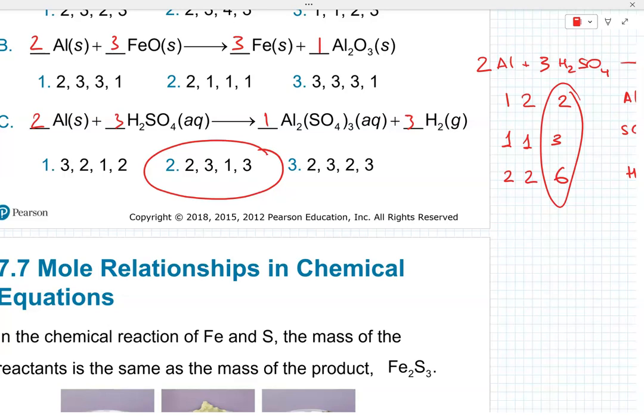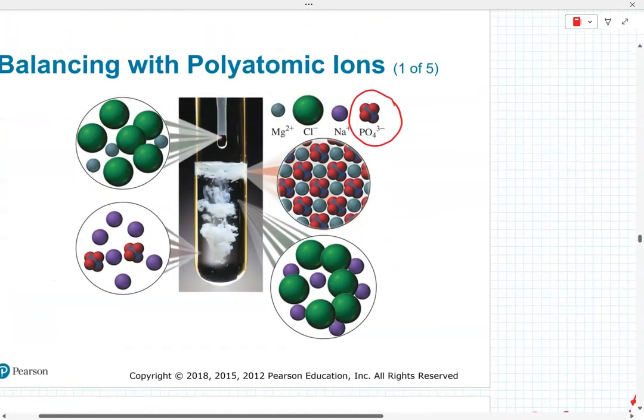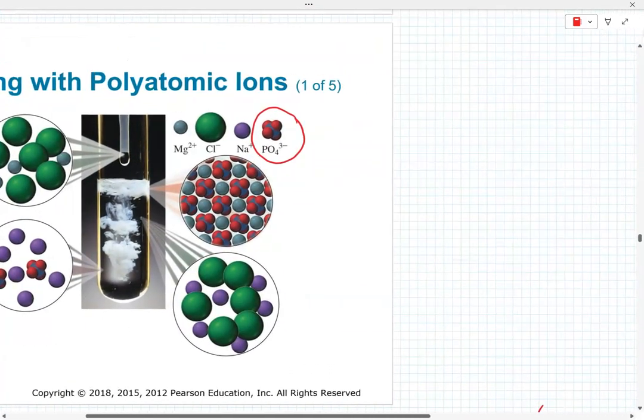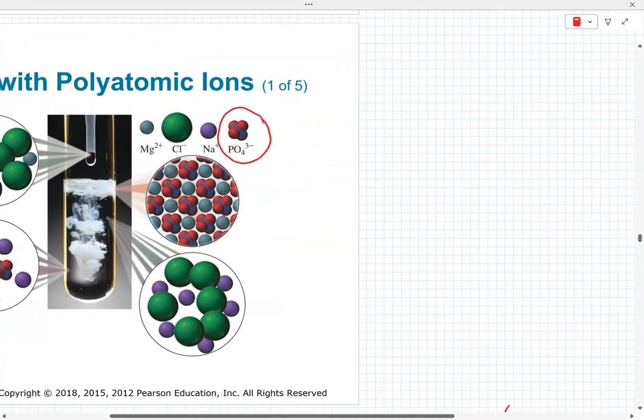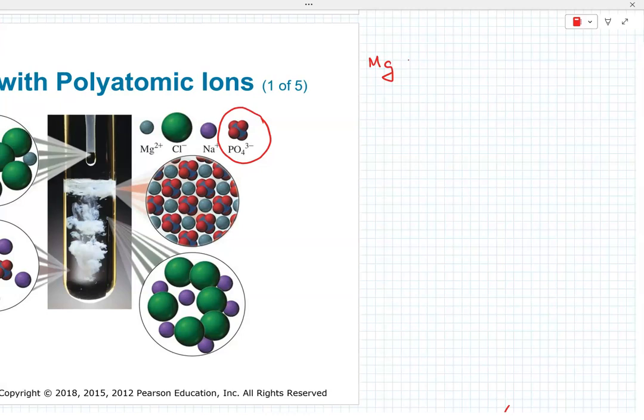We're going to do one more, I promised you. So we have magnesium chloride, okay, plus sodium phosphate.